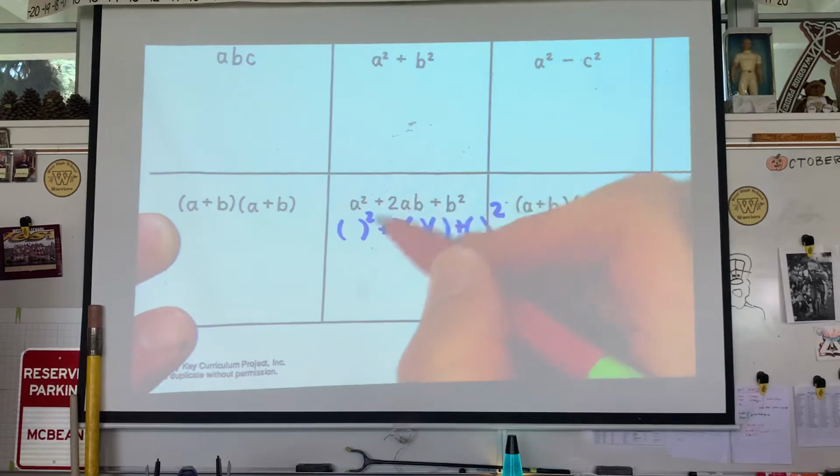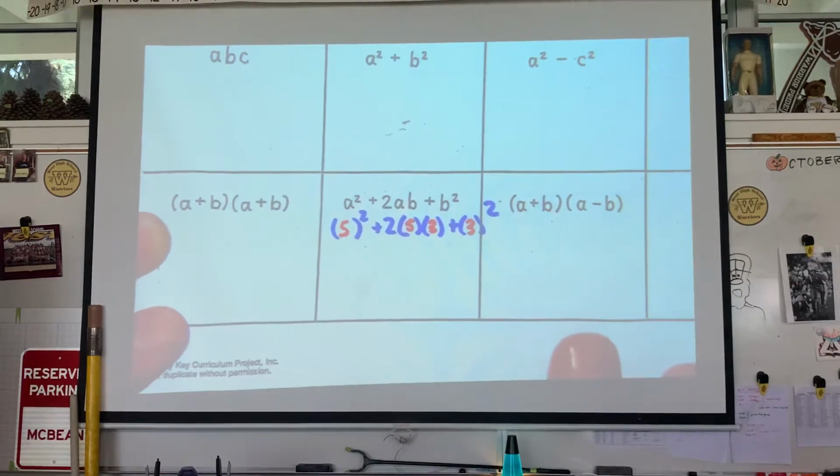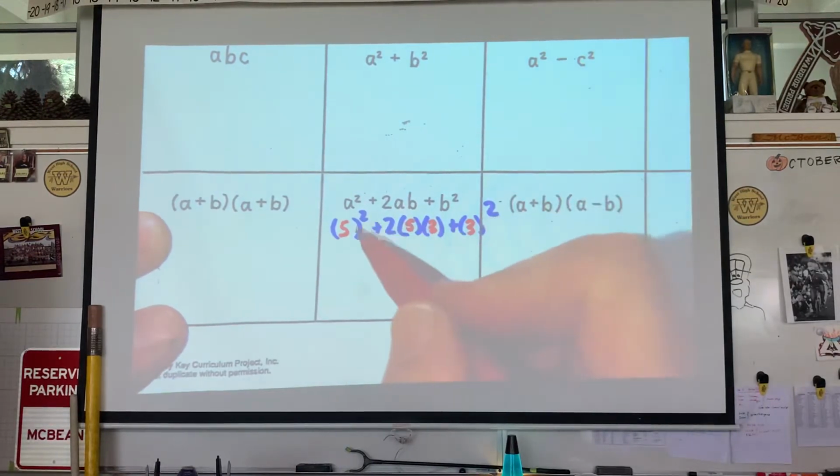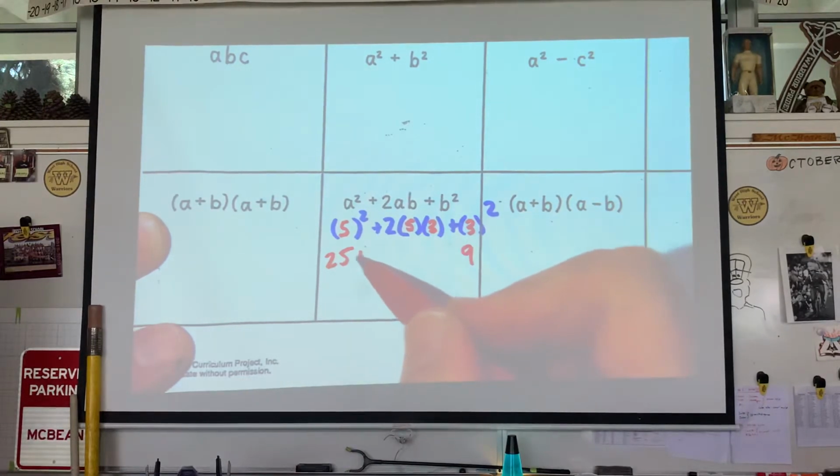The A is 5. The A over here is 5. The B is 3, and I'm going to put a 3 right there. All right, this is order of operations. Exponents are first. 5 times 5 is 25. It's not 10. 3 times 3 is 9. It's not 6.